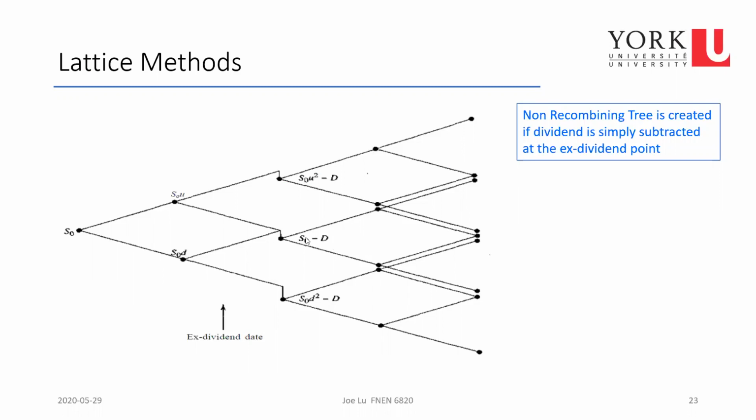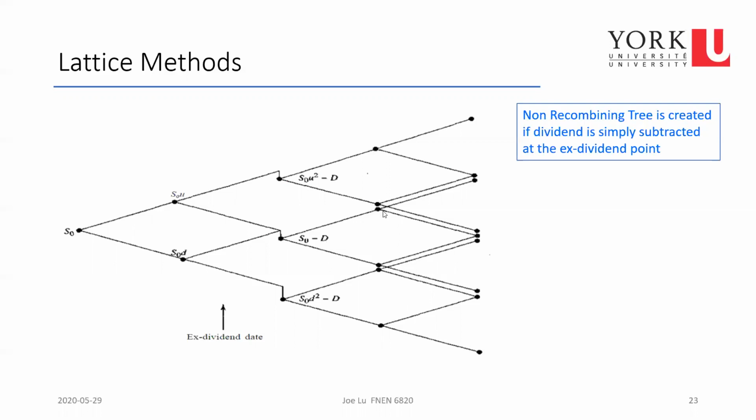So if we multiply through, you have S naught U minus D times U, which is different than this. If we multiply little d here, you get S naught times U, but then you have minus big D times little d. But here you have S naught times U, but you have minus D times U rather than D times d.